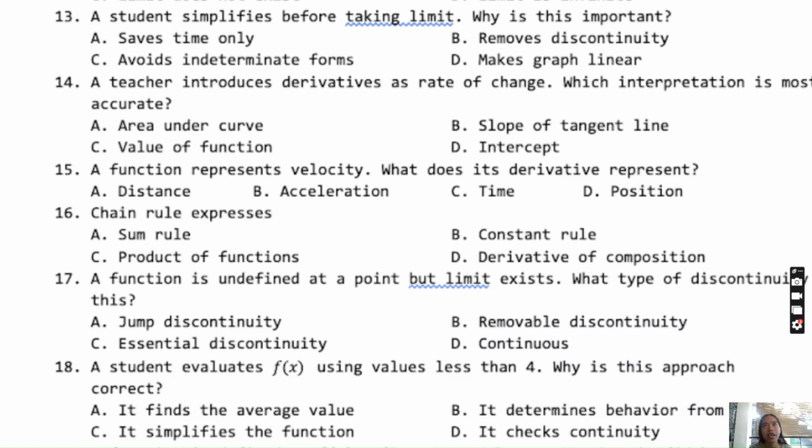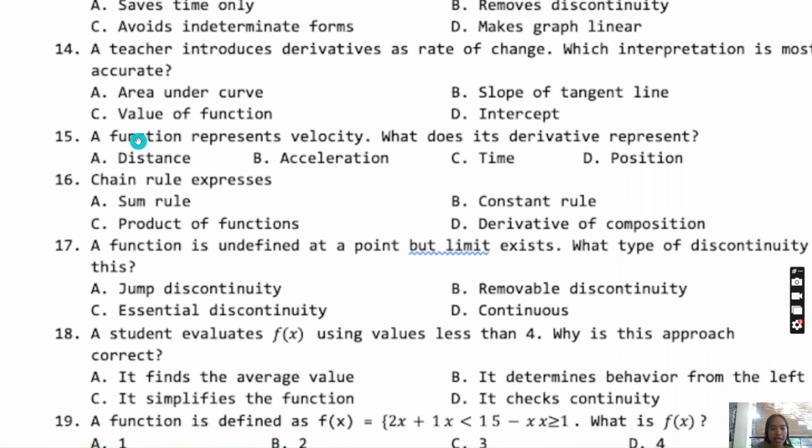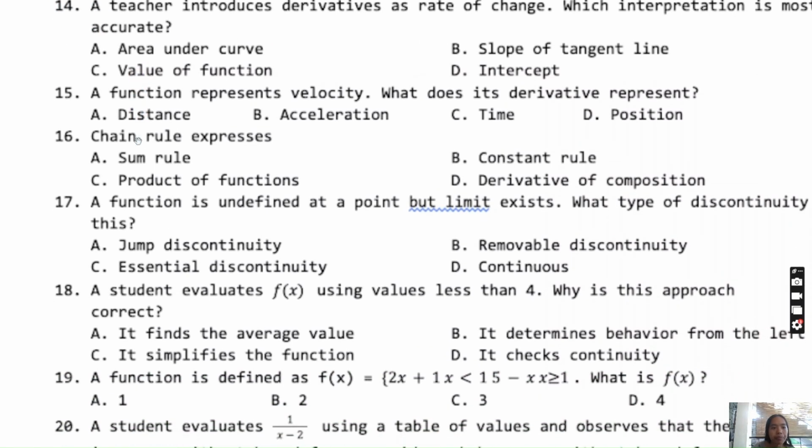As I said earlier, you should factor it first or simplify the algebraic expressions to make the limit easier to evaluate. So that is why our answer is letter C.